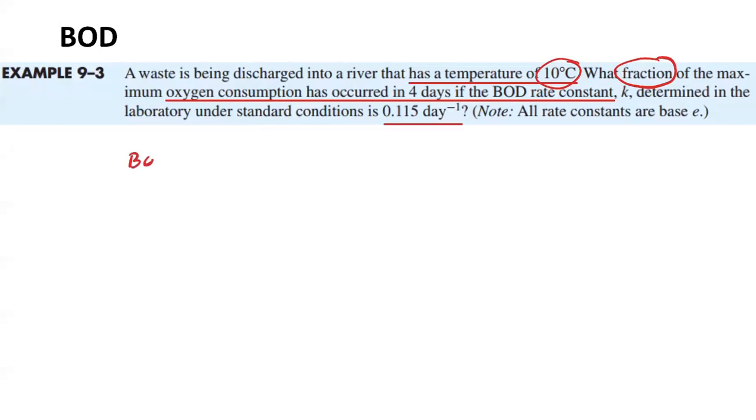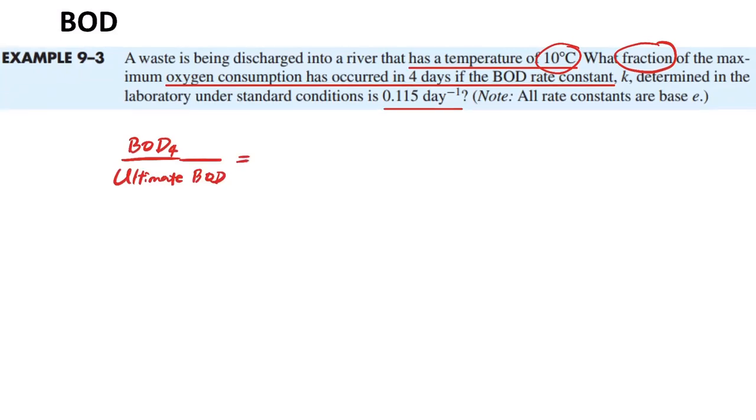It's basically asking for the BOD divided by the ultimate BOD. Right, the fraction of the maximum oxygen consumption, right? So there are already 4 days passing by, right? So basically it's BOD 4 divided by L0.